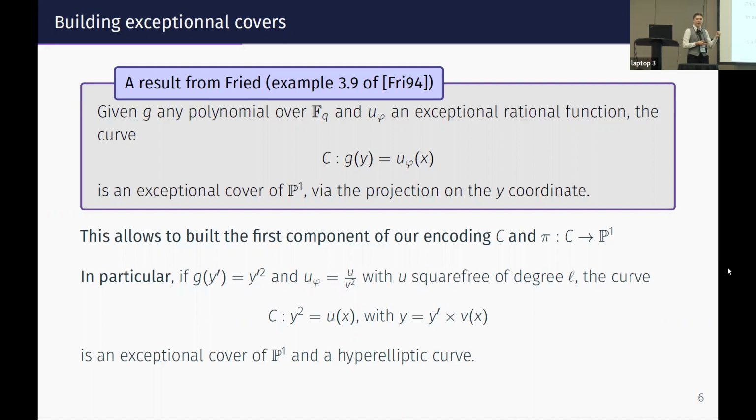So this result combined with the previous one gives us a useful way to build exceptional covers of P1. In the following slides, we will mainly consider one polynomial g that is y squared, and we will consider this kind of curve C with a small change of variable. Please note that we can always, in our setup, decompose the exceptional map u_phi as the quotient of a polynomial u by the square of another polynomial v.